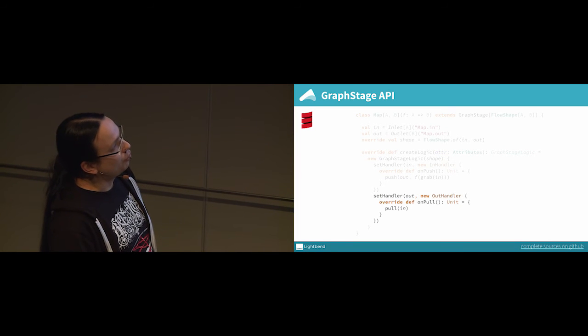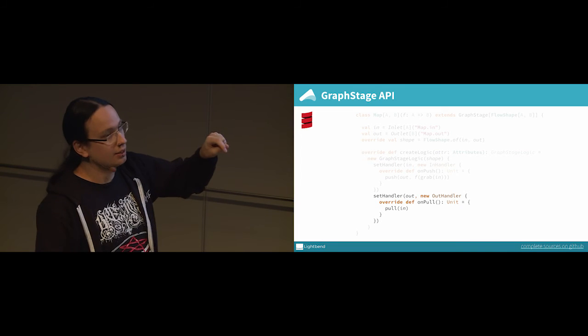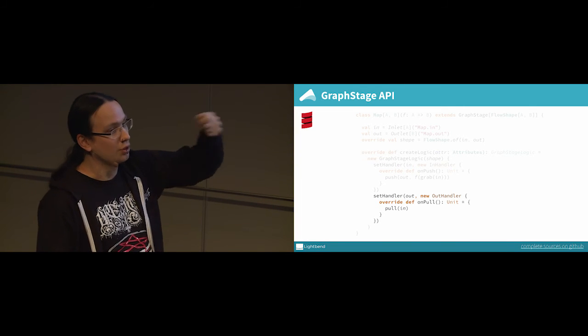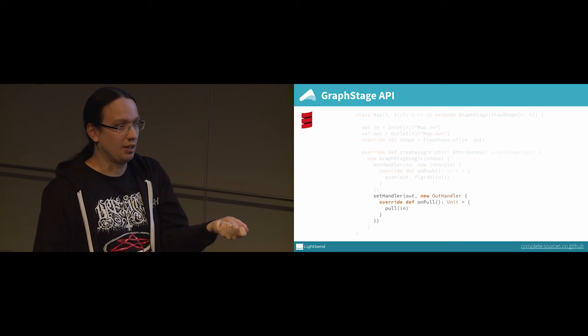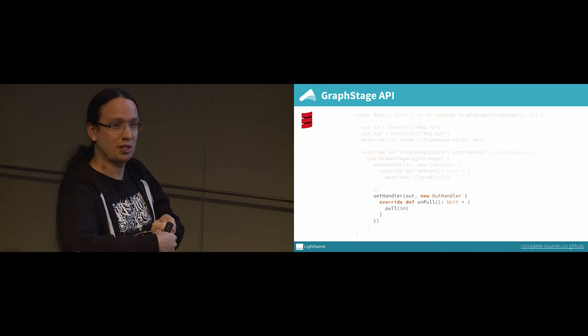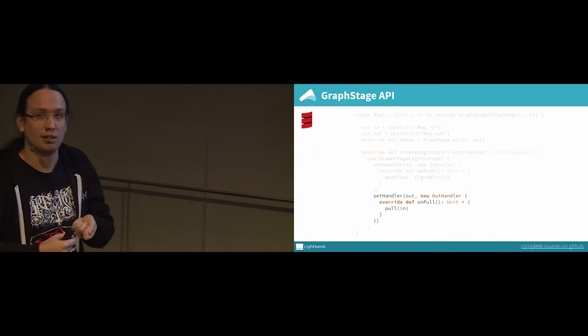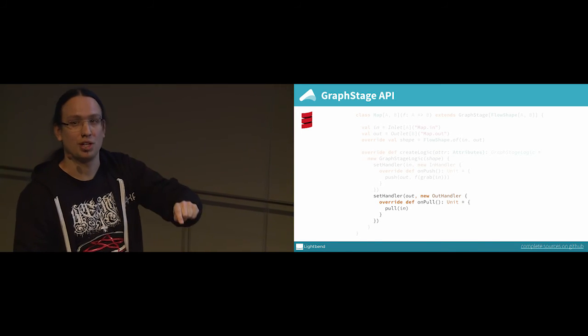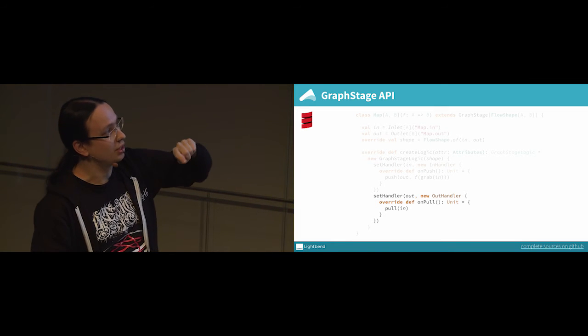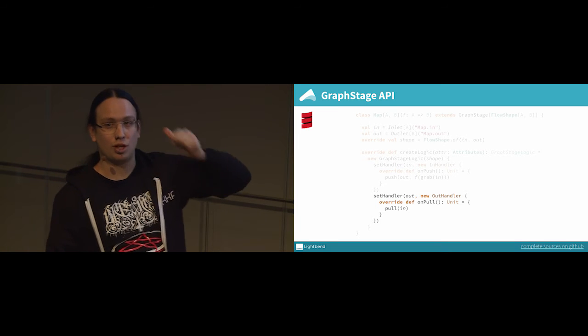And for each input and output, we can set handlers. So in this case, we set a handler for the output, and one at a time, we will get a pull from downstream, which means that downstream is ready for an element to be pushed. And in this case, we're doing a simple map, so we're just gonna pass the pull upwards in the stream.